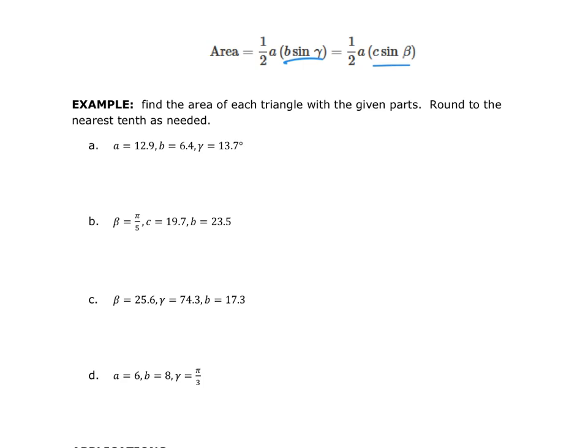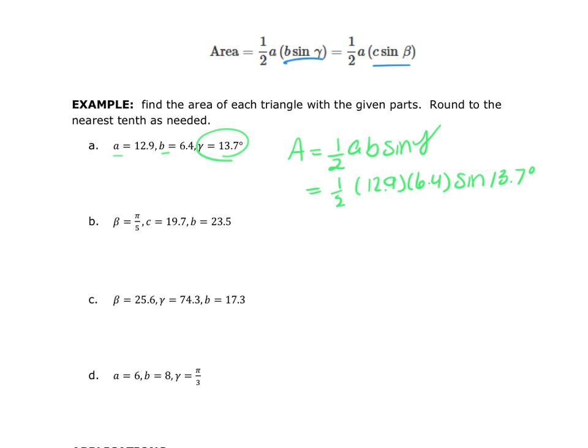In our first example here, we can just jump right into it because I have A and B and I have gamma. So the area is going to just be 1/2 my A multiplied by my B, the sine of gamma. Nice, easy. 1/2 times 12.9 multiplied by 6.4 multiplied by the sine of 13.7 degrees.